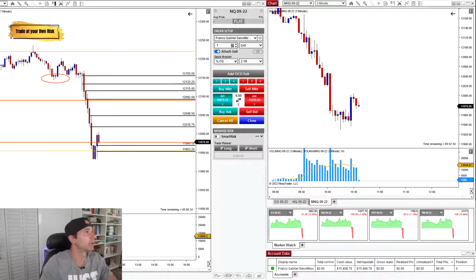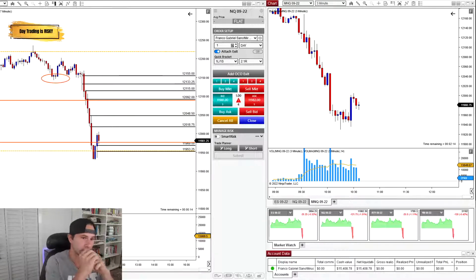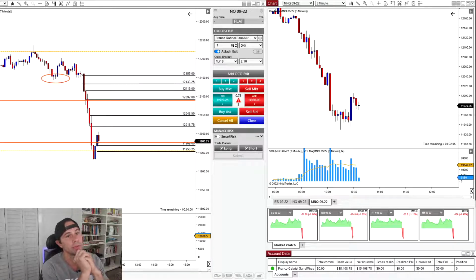And the 30-minute candle closed pretty neutral. It opened up very bearish, and then it retraced back up to 12,000. All right, new 7-minute is about to open in 7 seconds.